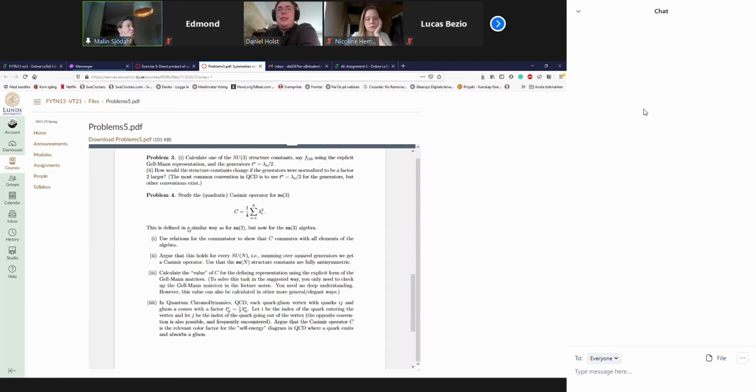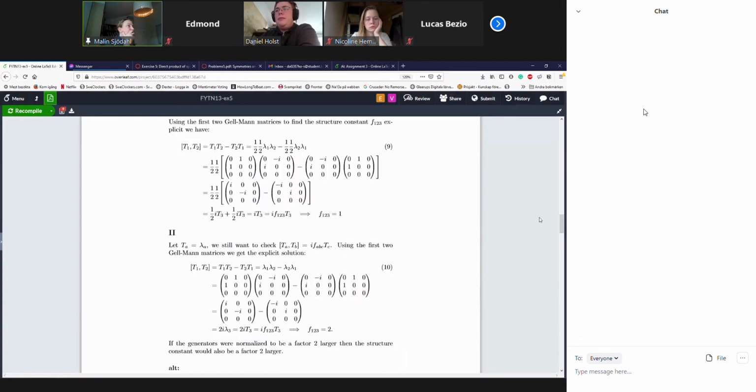So the first problem here, we're supposed to use the commutation relations to show that C, this Casimir operator, commutes with all elements in the algebra. So let's go to our notes here.